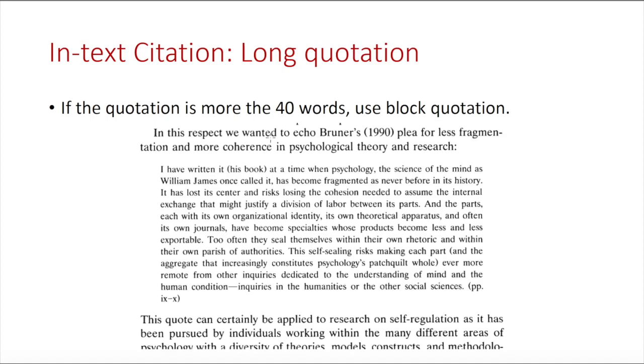If you are quoting more than 40 words, then you do a block quotation. So here is an example of a block quotation. You will notice that the margin for this block is bigger, and you would also notice that the font is sometimes smaller in published material.